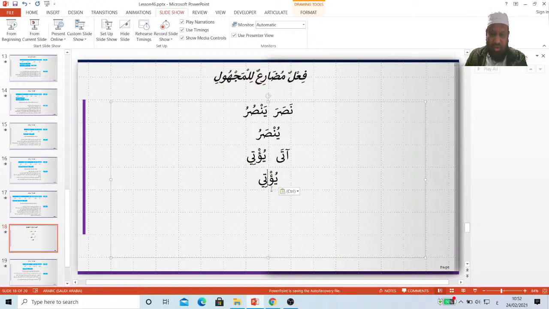Second to last letter, put fatha. Okay, so the second last was the ta, it will have a fatha, and علامة مضارع ضمة, so it already has a ضمة. That's it. يؤتى في المضارع مجهول يؤتى.